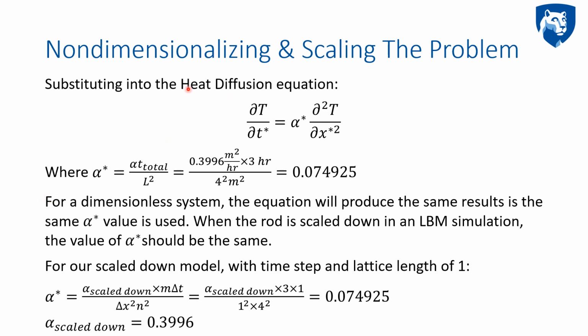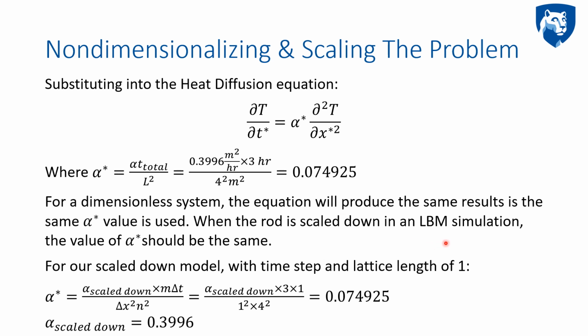And then we go back to our heat diffusion equation, which is this following formula, and this is already in the dimensionless variables, and that's why we have alpha prime, which is equal to alpha times the total time divided by length L squared, which would give us 0.074925.